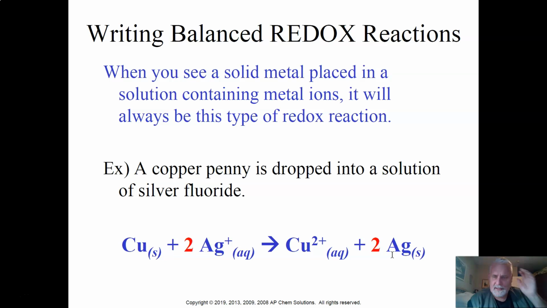It's pretty interesting. So you've got to balance the charges in the reaction, and to do that you needed that extra plus charge on this side. You certainly didn't need to balance the Ags, they were already balanced, and you're putting a 2 in front of both of them. So that's the little trick to doing these, is to remember you've got to balance the charges as well.